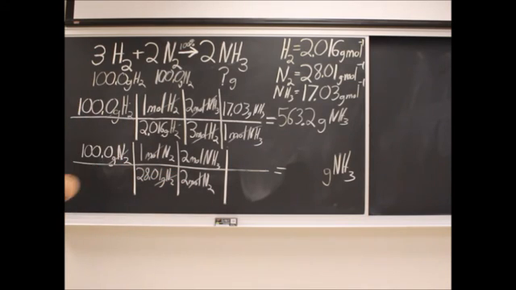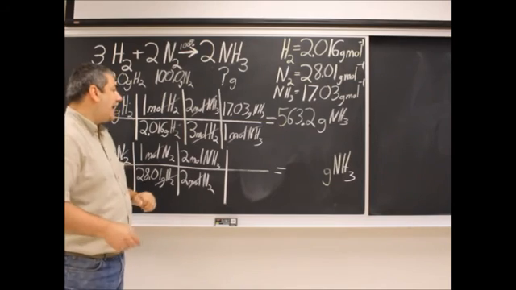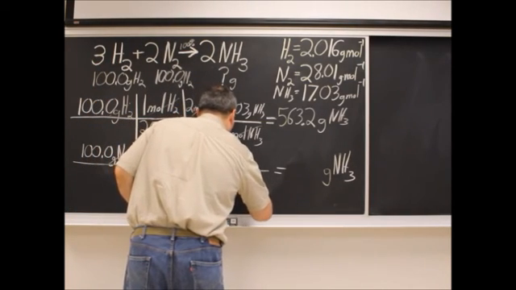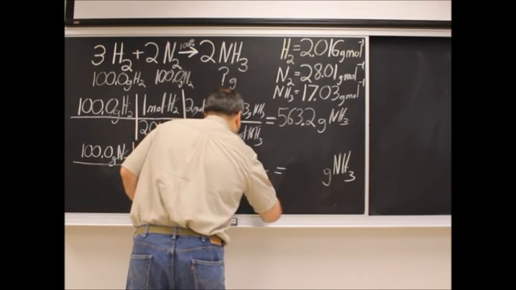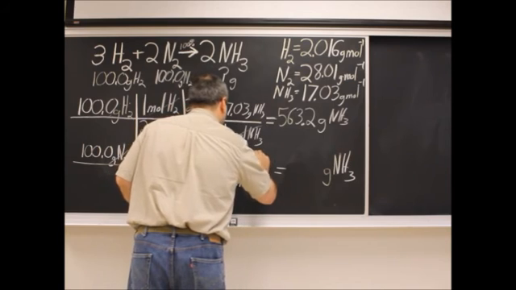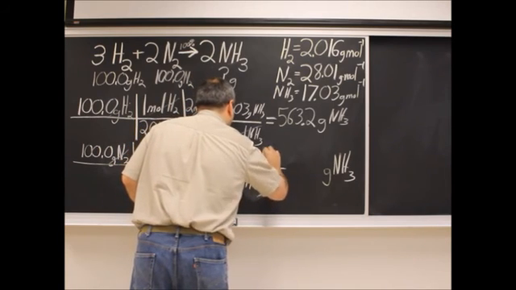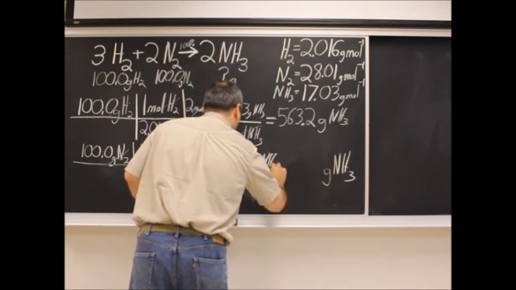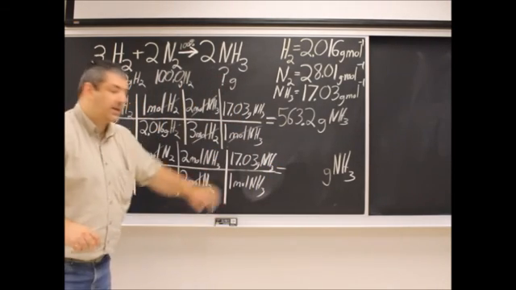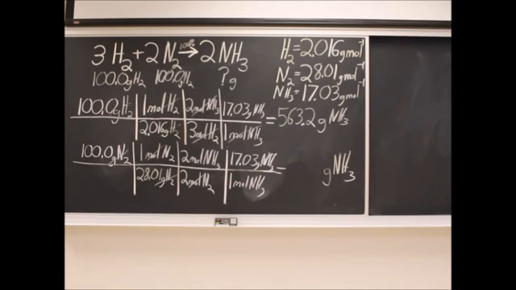Now we have moles of ammonia, and look, we solve it exactly the same way as we did to finish the previous problem. 1 mole of NH3 is 17.03 grams of ammonia. And that should make sense that we finish this problem identically to the other one because we're solving for the same thing.